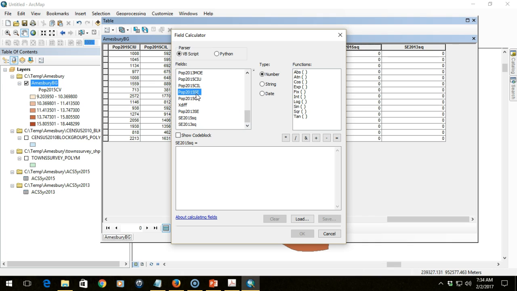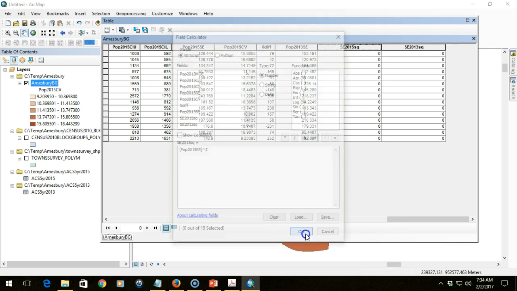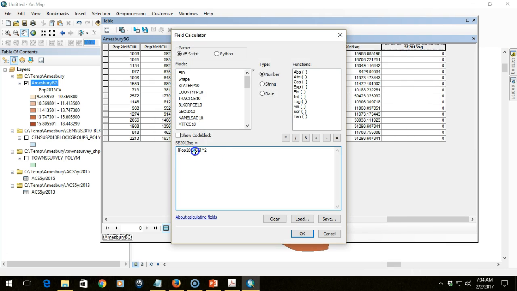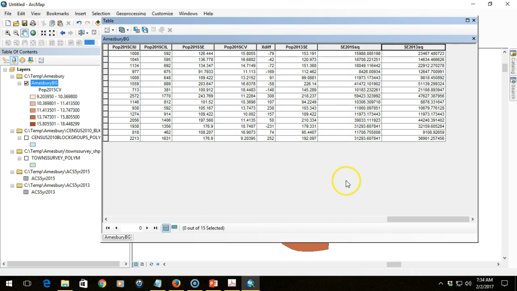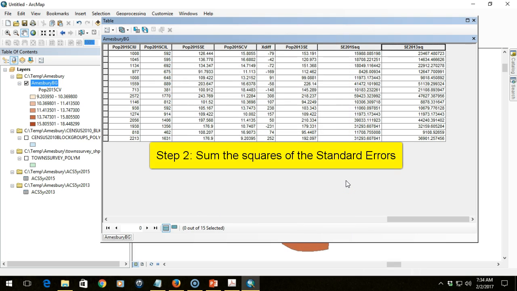To square the standard errors, we are going to raise them to the power of 2, and using VB script, that means we use the hat symbol, which is above the 6. Next, we need to sum the squared standard errors.